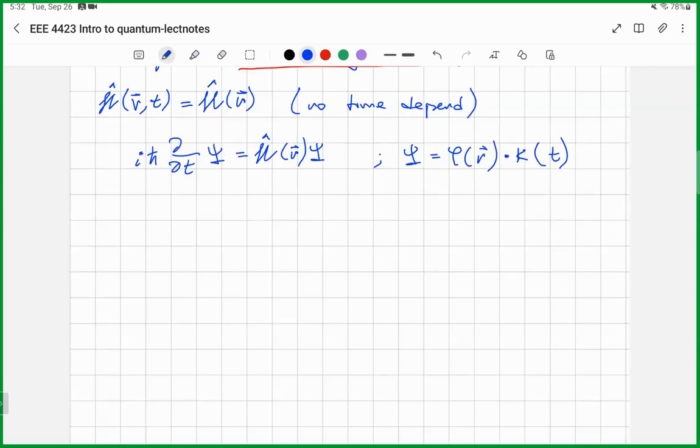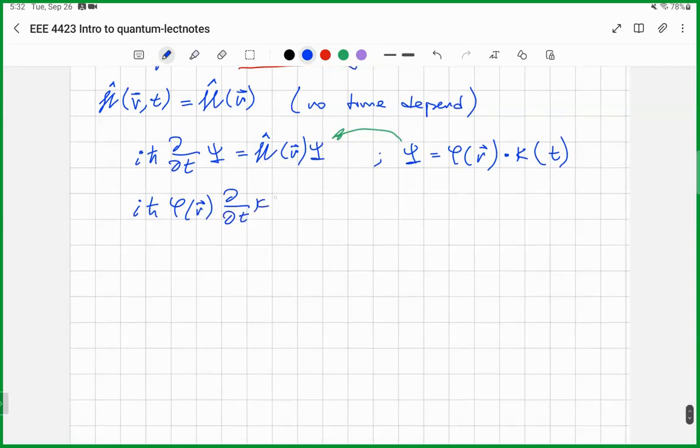So we plug this ansatz into the Schrodinger equation, and for the time derivative, we can take phi of r out of the time derivative, and here we get the time derivative of kappa.